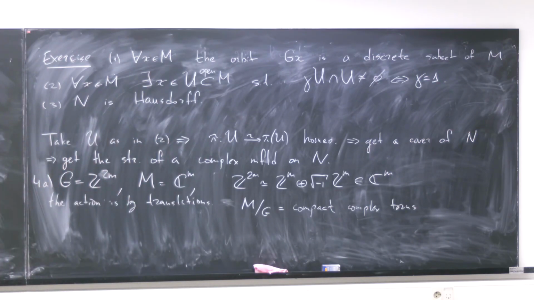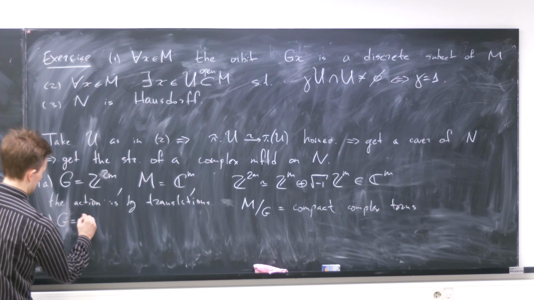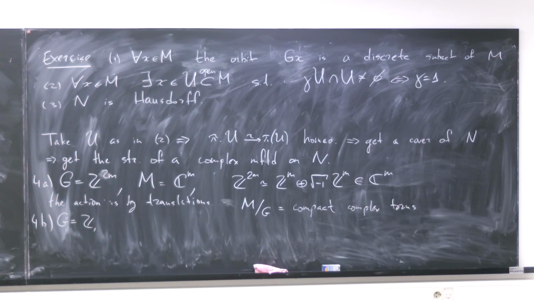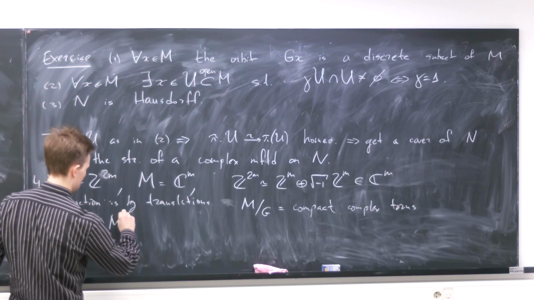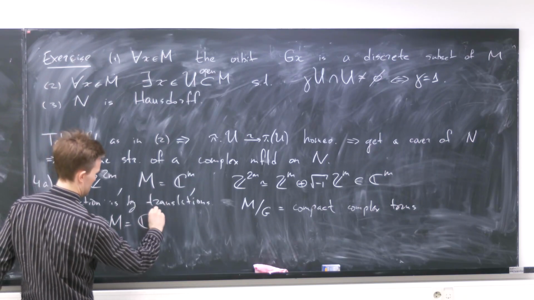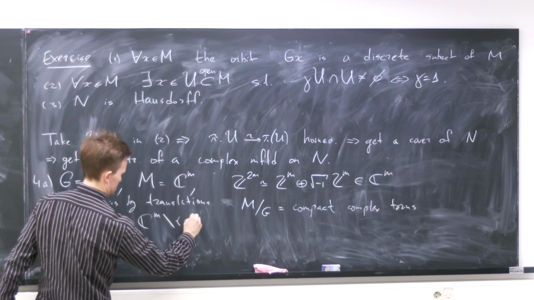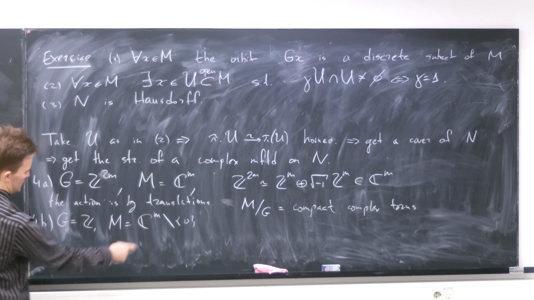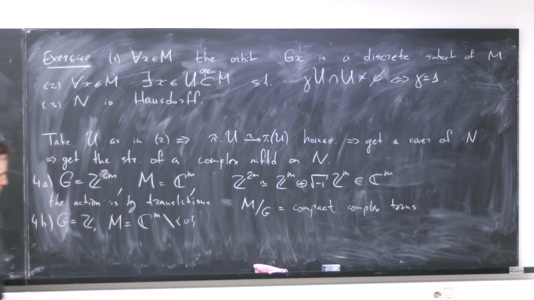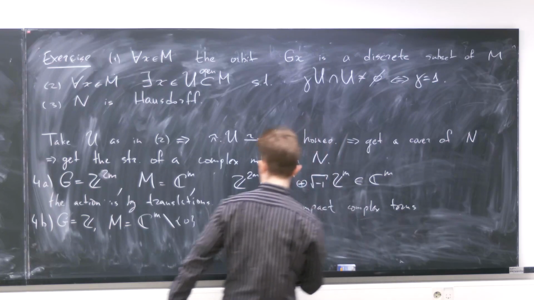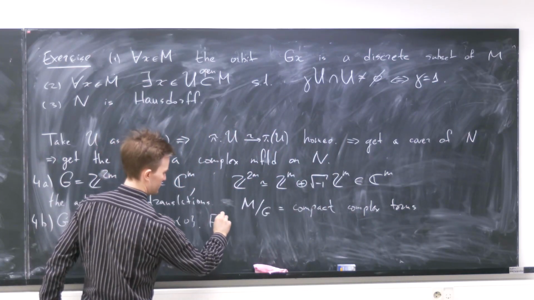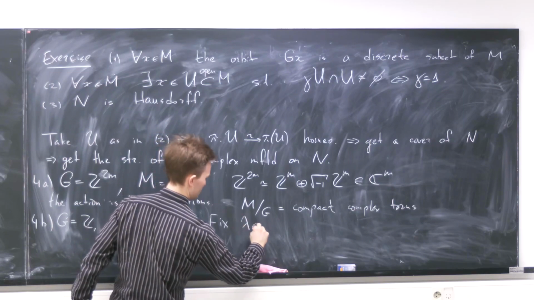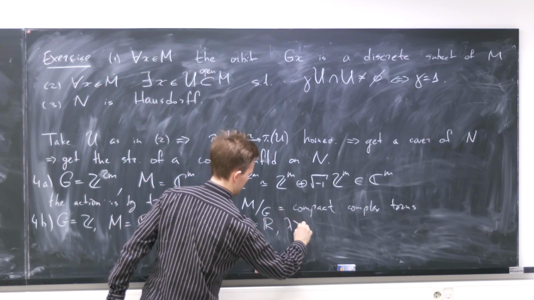So that's another important example of a Kähler manifold. And another example: let's take G equal to Z, and for M, let's take C^m minus 0. Let's define the action of this Z on M. For this, let's fix some real number, for example greater than 1.